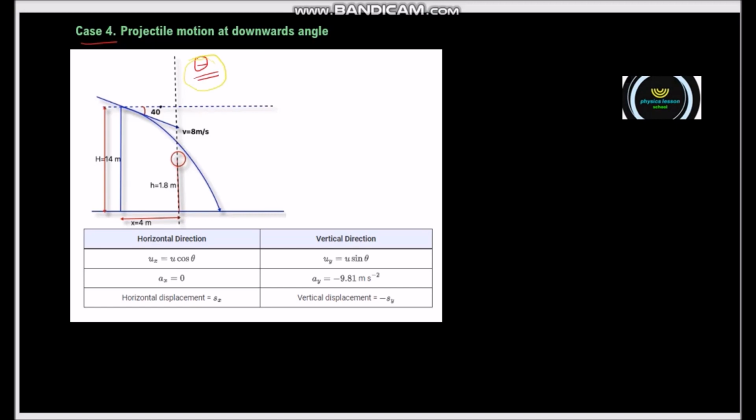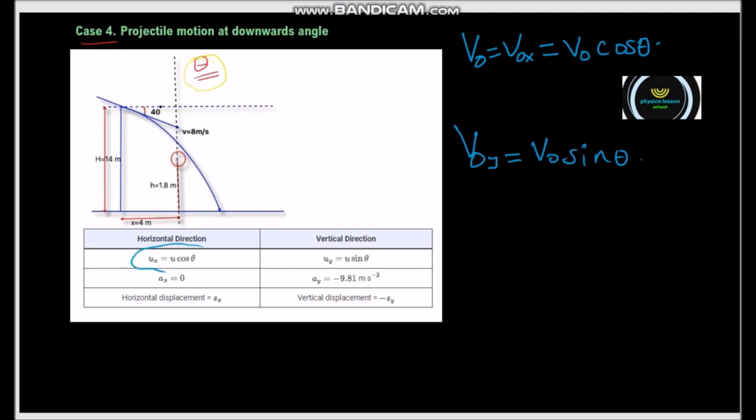The only difference is that V naught across the x is equal to V naught cos theta. You have to substitute this one because of the angle theta. And for the vertical, V naught y, we have V naught sine theta.